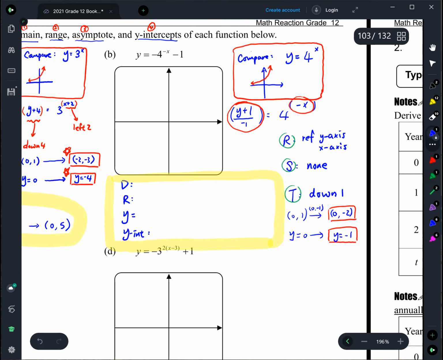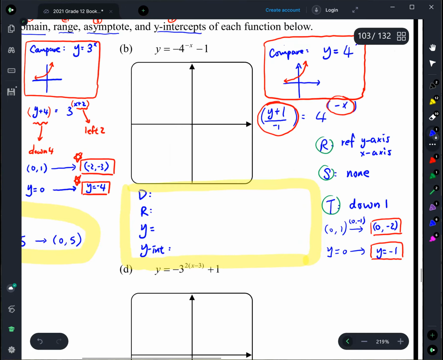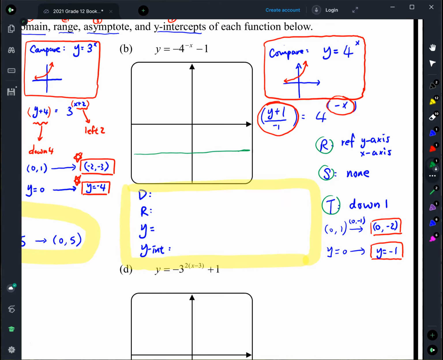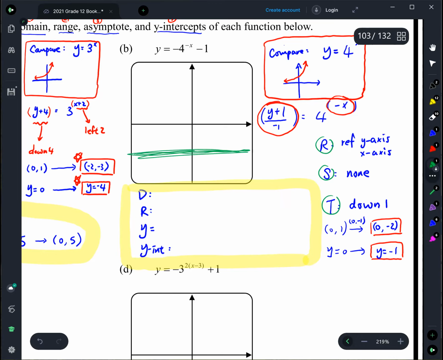If you do reflection on the asymptote line, right? Think about if I draw a line, okay, anywhere. Let's say this green line is the asymptote line. If I flip this over the y-axis, it still stays there because it's horizontal, okay?